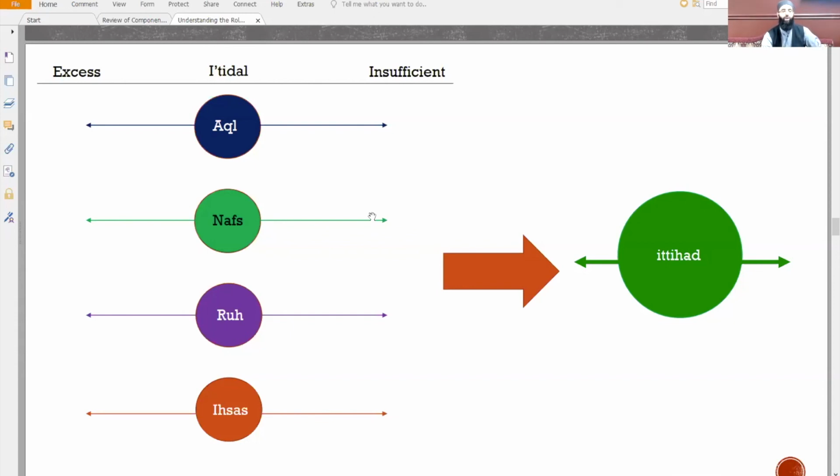If you think about it in tasawwufi terms, the first is takhliya, getting rid of dysfunction, creating moderation. Then we're doing tahliya, which is adornment.